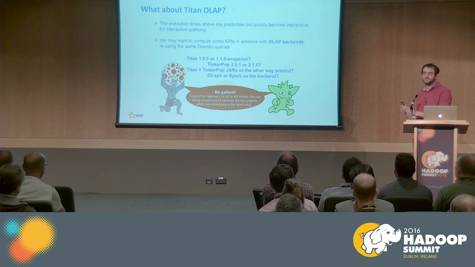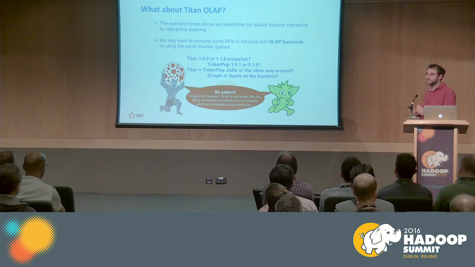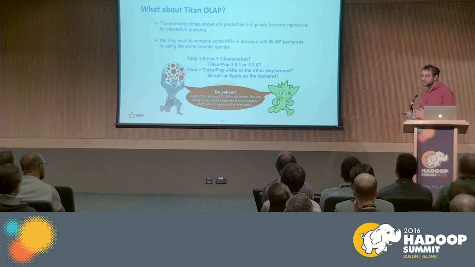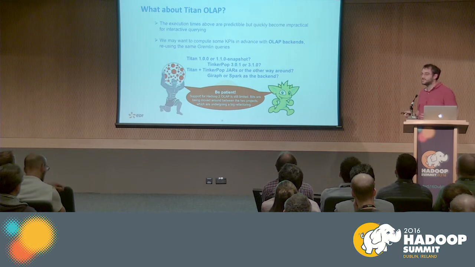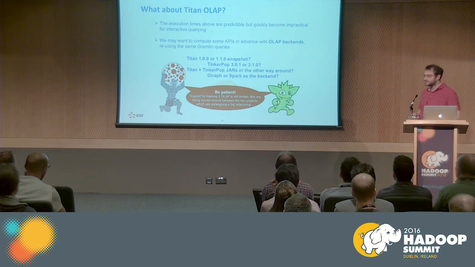Titan is improving the Hadoop 2 support, which is not there yet. We understand it's the main reason why we couldn't make it work, because you have some jars, that's ongoing. You have to tweak the jars, and it's a mess. Hopefully, in a few weeks or months, things will get more stable, and Tinkerpop and Titan will be more cleanly separated. I don't know. At least I hope.